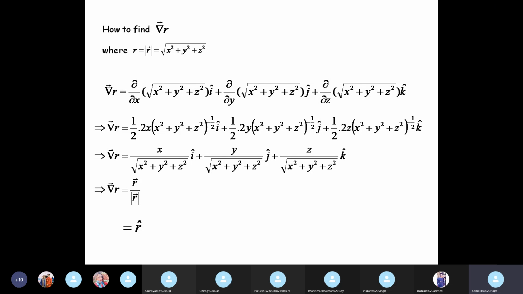This is a very, very important example of how you can take the gradient of the magnitude of the position vector. You can't take the gradient of the position vector because gradient is possible only for a scalar. So the gradient of the magnitude of the position vector gives you the direction along which the position vector is, that is the unit vector.